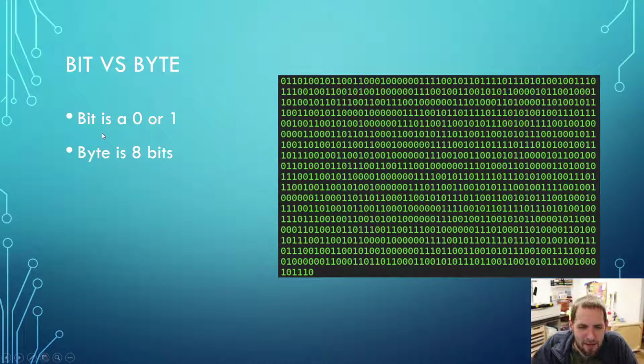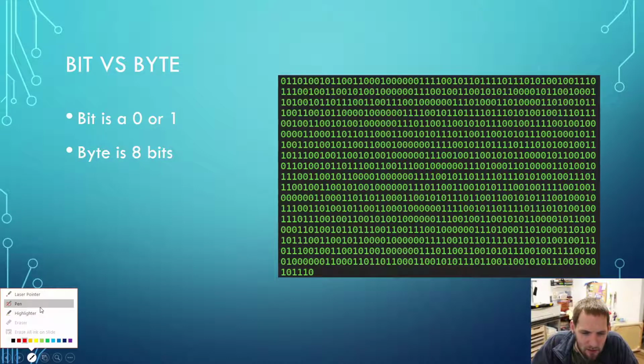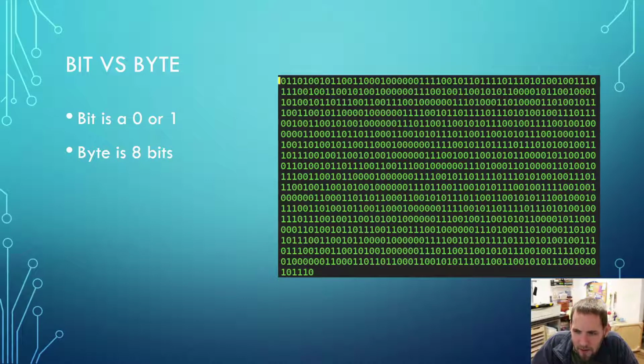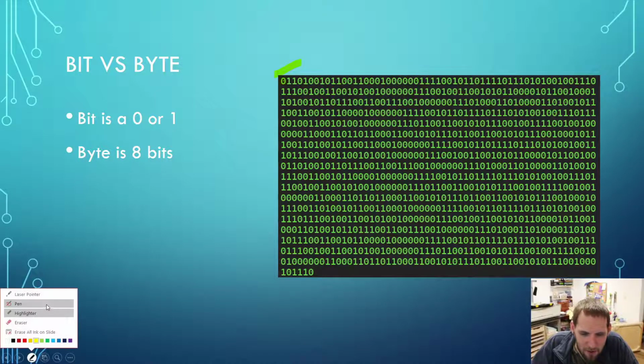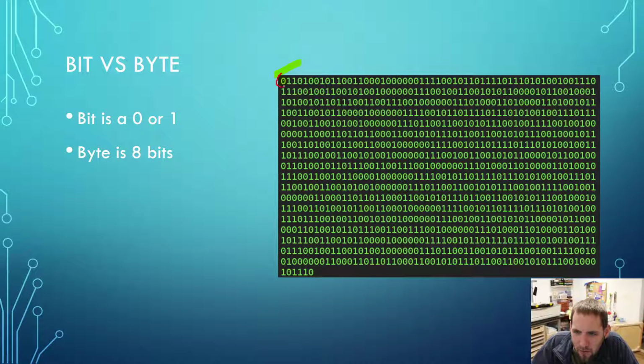So a bit is a single 0 or 1. Yeah, I guess I just have to go to the pen. So that is a bit. Now you might also hear this called a true or a false, or a high or a low, or whatever other combination where there's one meaning for an on or an off state. 1 traditionally means on, 0 traditionally means off.